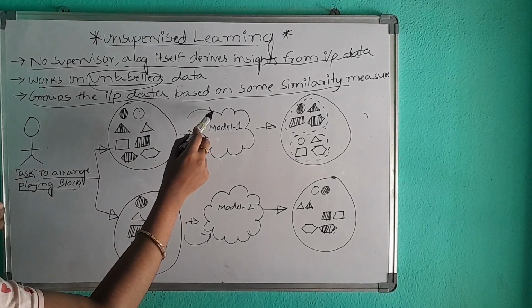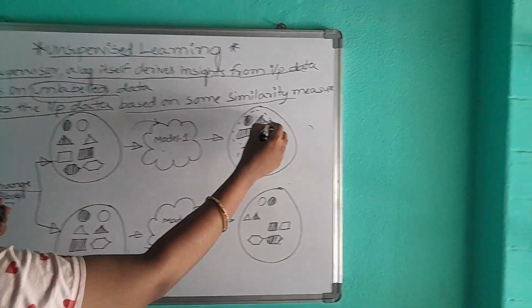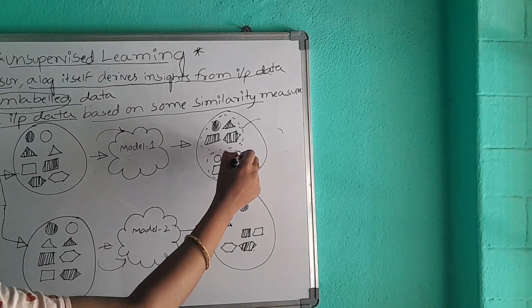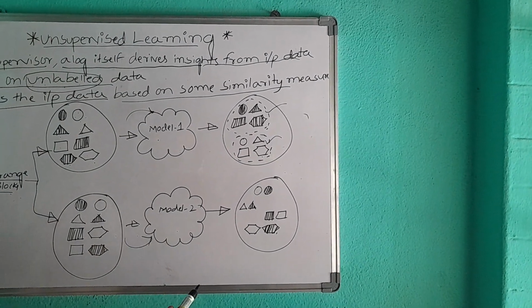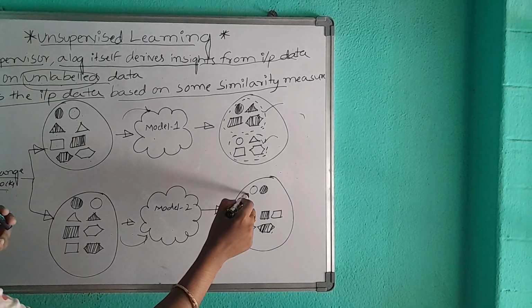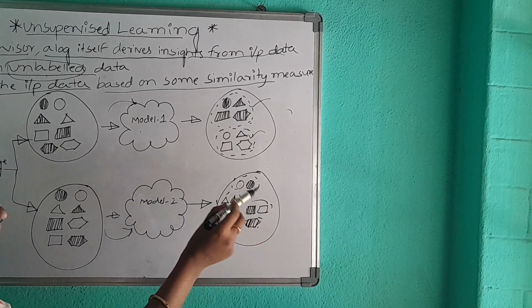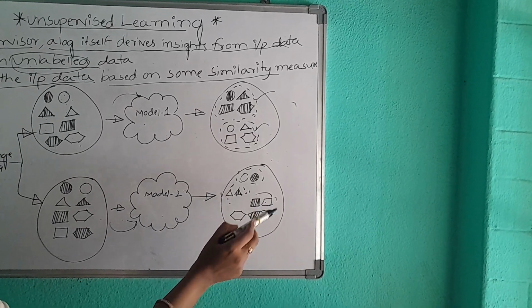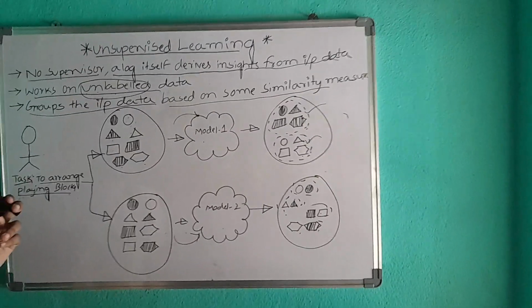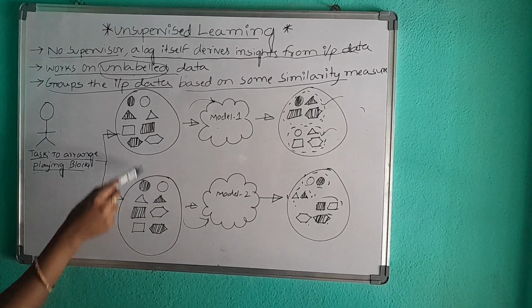Model 1 divides them into two categories, that is solid shapes and vacant shapes. But model 2 derives another kind of pattern. It divides the input based on the shape: circle, triangle, rectangle, hexagon. These are the kinds of patterns derived from this input data.